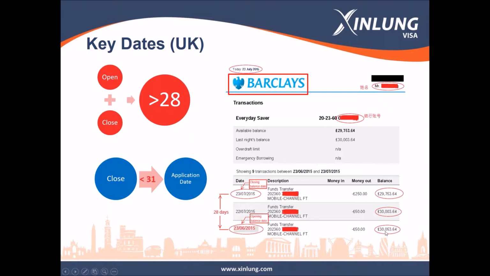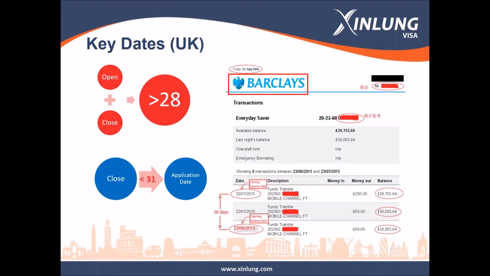So 30,000 on the 23rd of June and 30,000 on July 22nd and 29,000 on the last day of the balance, which is 23rd of July. So the student has always maintained at least £29,000 in the bank account over the last 28 days.